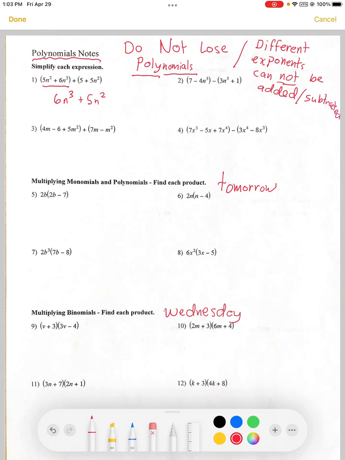So for example, you cannot add n cubed to n squared, no matter how much you want to. It doesn't work. It is not logically sound. Don't do it.